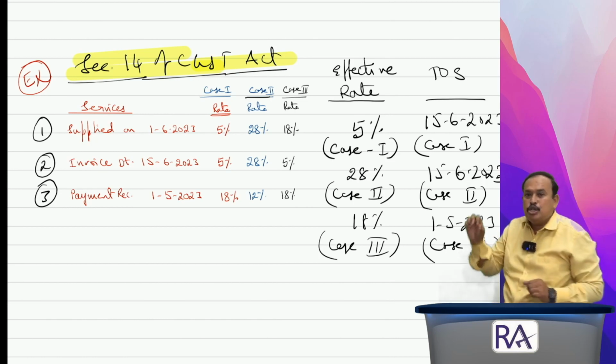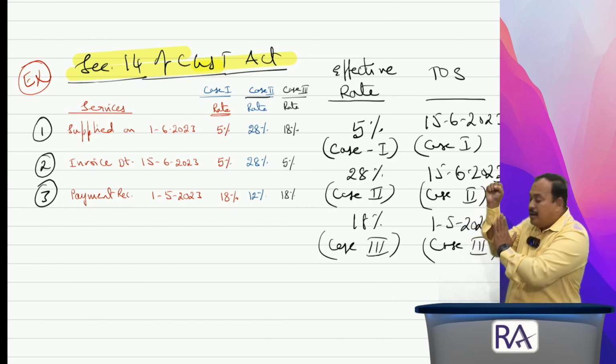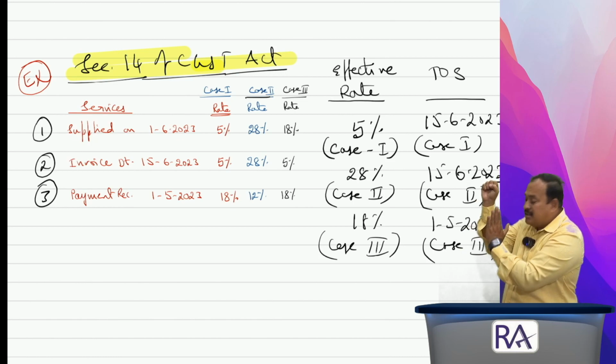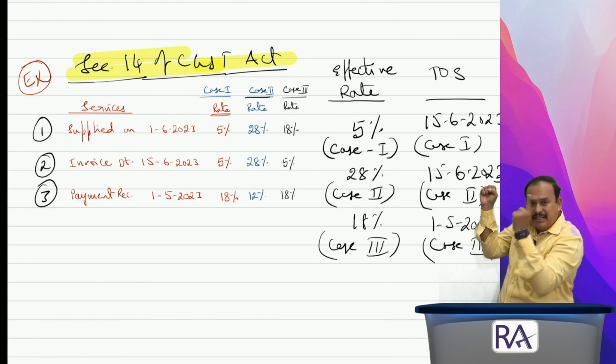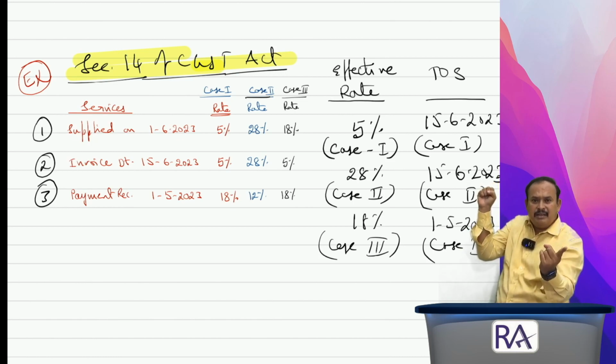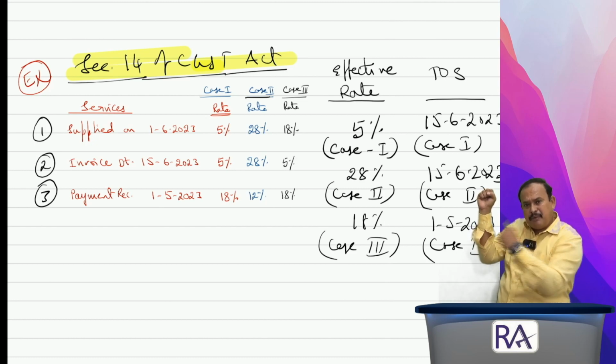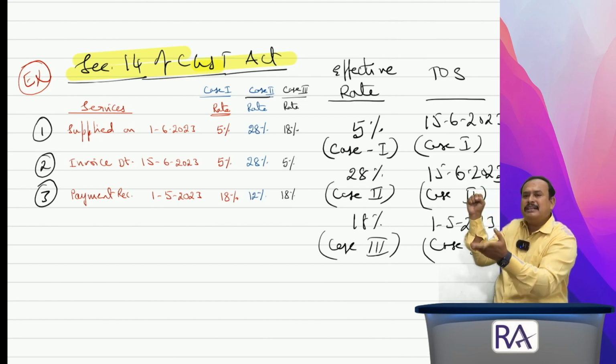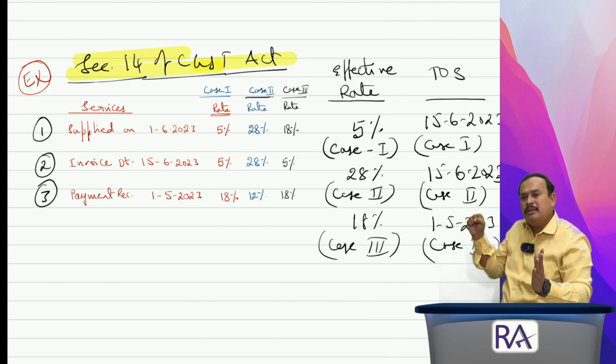That means if the invoice matches the date of completion of supply of service, the date of invoice is the time of supply. If the payment received date matches, then the date of payment received is the time of supply.